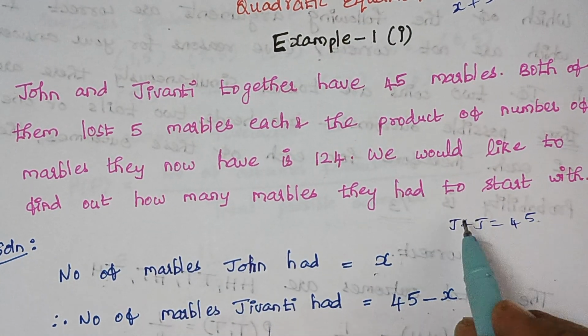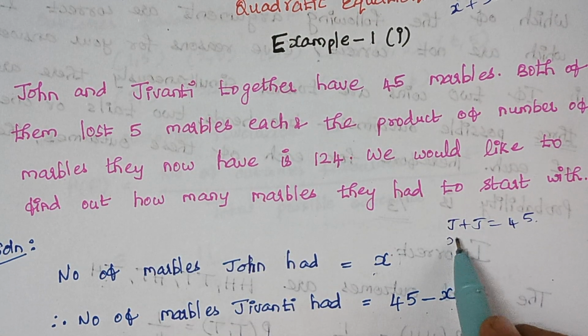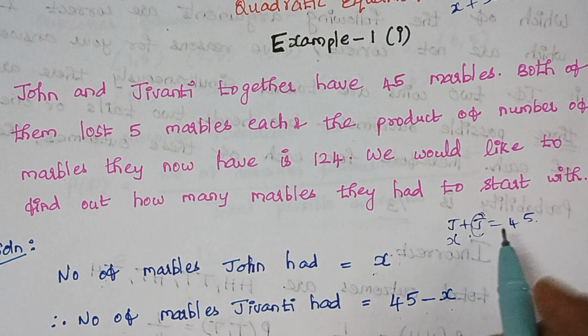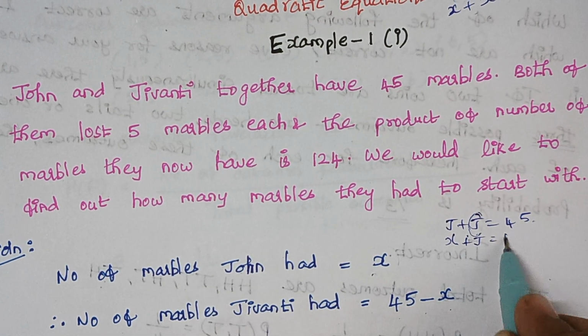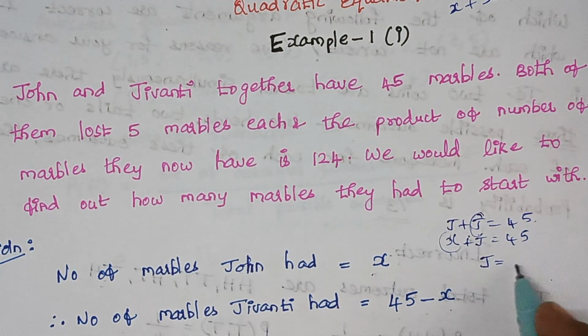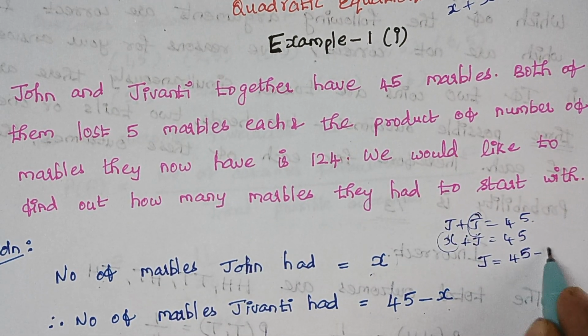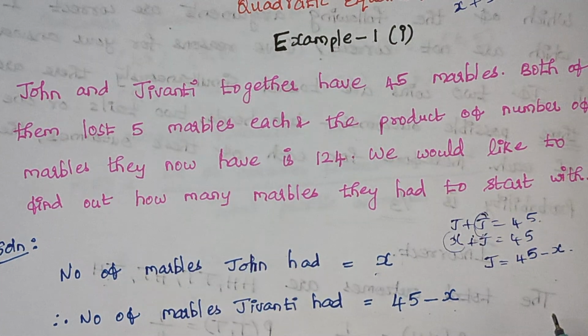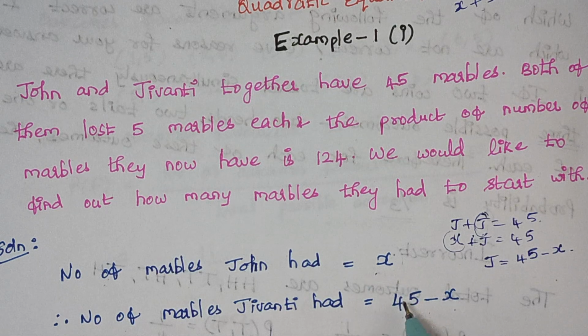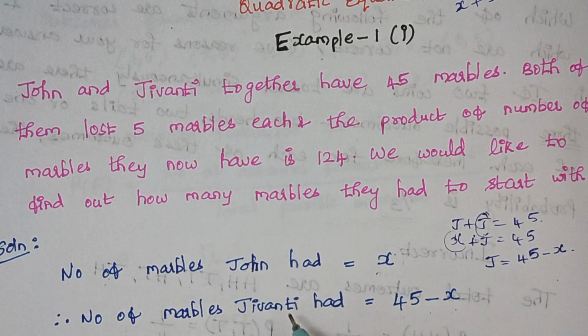So we are assuming the number of marbles John had is x. Now what about the number of marbles Jivanti is having? Here we are moving this x to the right hand side, so it becomes 45 minus x. Understand? So these are the numbers of marbles possessed by John and Jivanti.